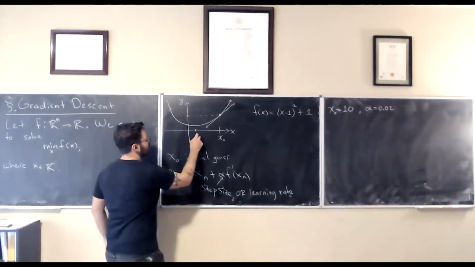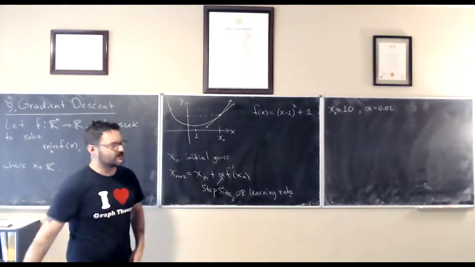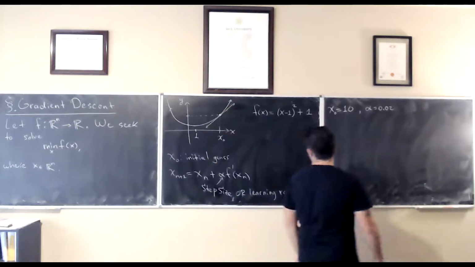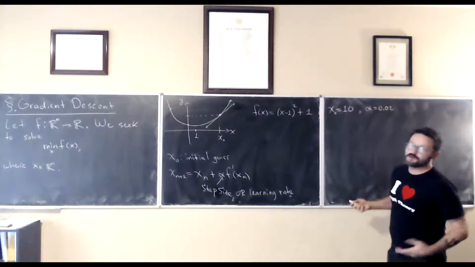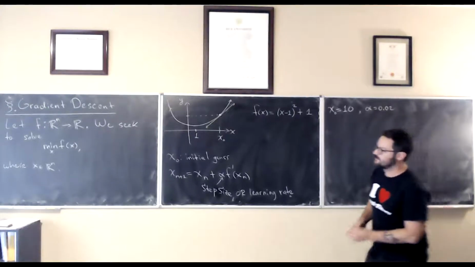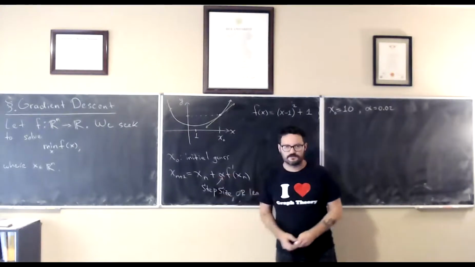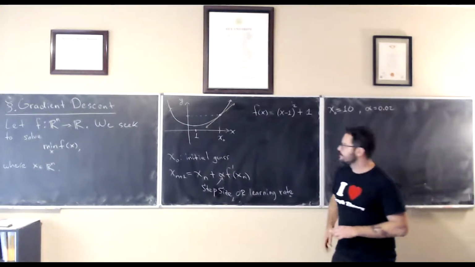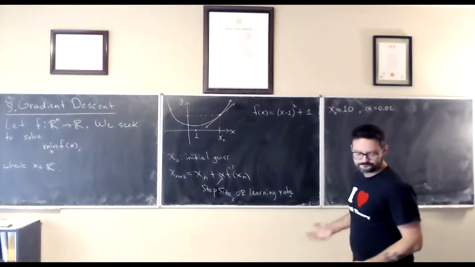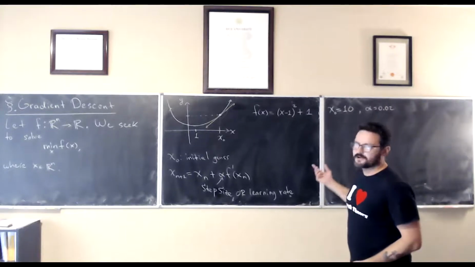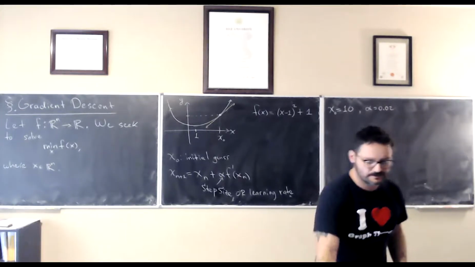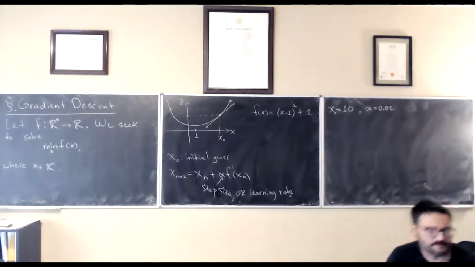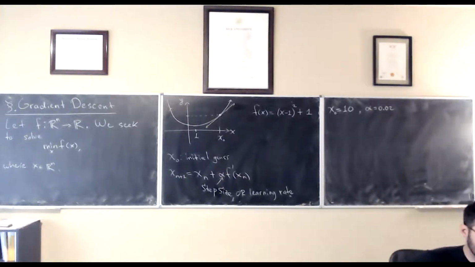We know that this function is minimized at x equals 1. But suppose we didn't, we make this guess, and then we're going to apply this update rule to get closer to the local minimizer. I don't want to work it out by hand, so I'm just going to pull up Python real fast and show you how this is going to work.